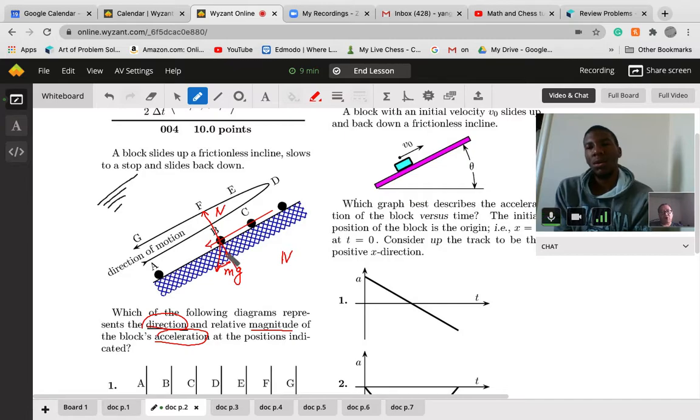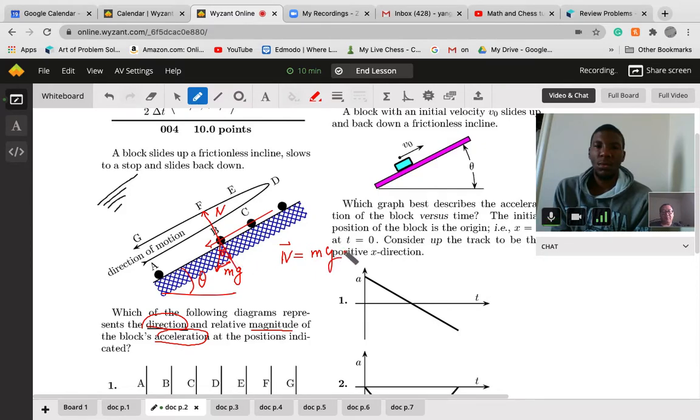Because this ball has gravity, it will act on the surface of this incline. So to counter that, based on Newton's third law, this force's magnitude should equal mg. Suppose this angle equals theta, then this angle will also be theta.